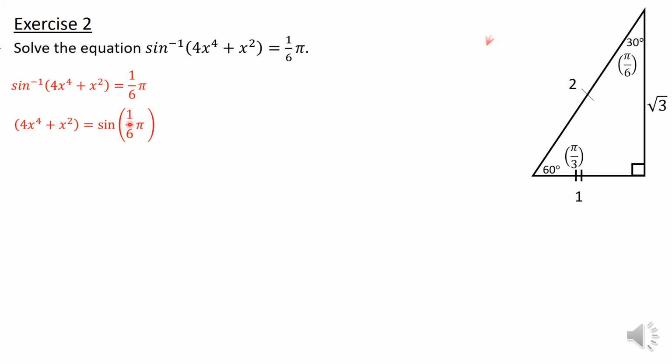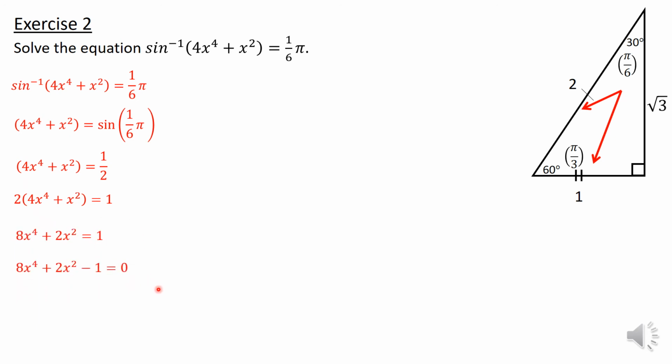When you go back to your triangle, you realize that it's nothing but 1 upon 2, because that is where pi over 6 radians is. So we're going to replace the sine of pi upon 6 radians with 1/2. From here it becomes an equation that you should be able to solve. When you come to this part, you should realize you're dealing with a hidden quadratic.